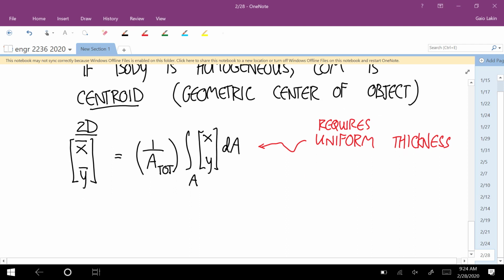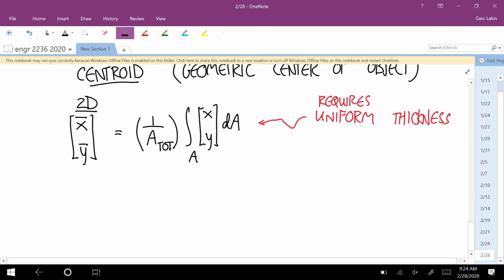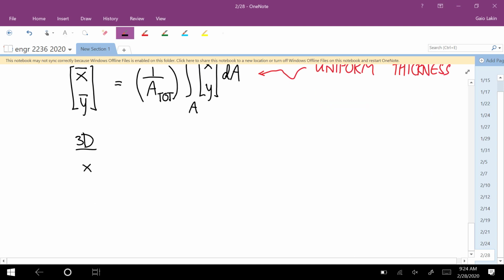All right, so that's the 2D centroid formula. The 3D centroid formula is like this. Again, it's x bar, y bar, z bar. In this case, it's not quite as simple as just adding a third component.